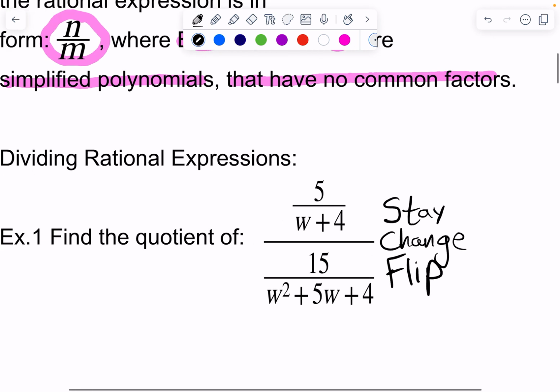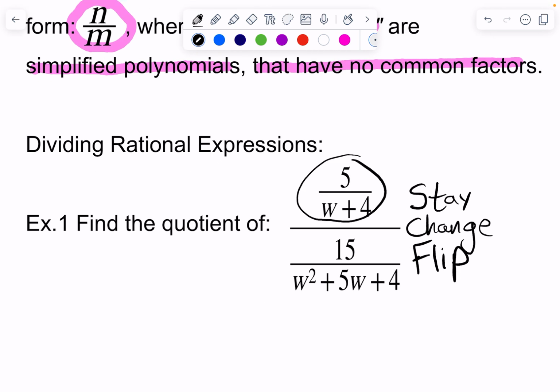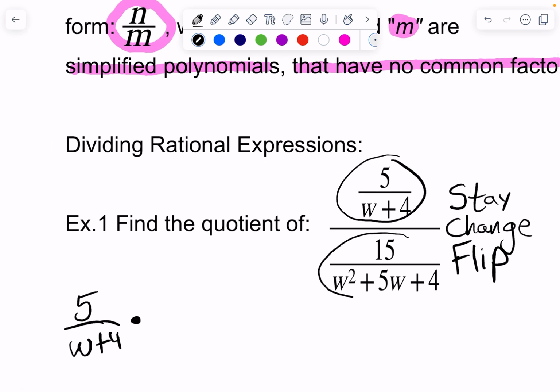Stay: the first fraction, or the numerator, stays the same. Change: you change division to multiplication. And flip: you flip the second fraction, or the denominator in this case, to its reciprocal.